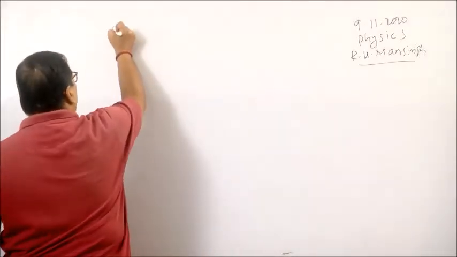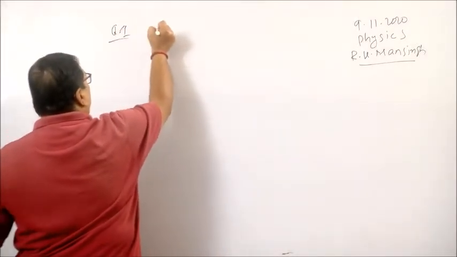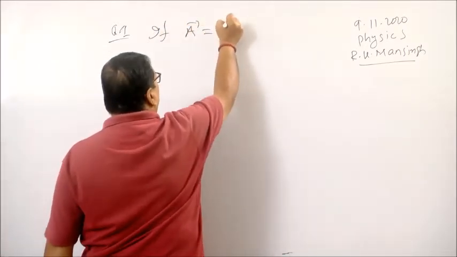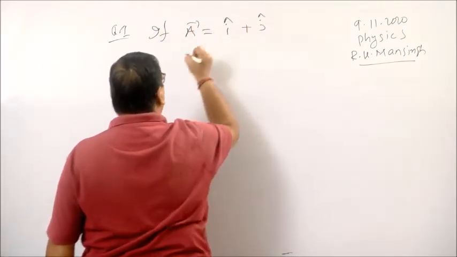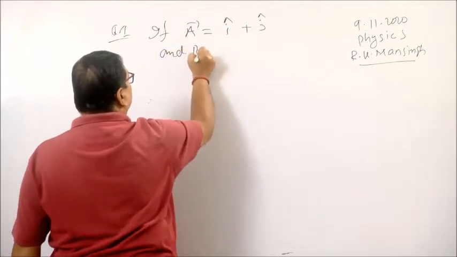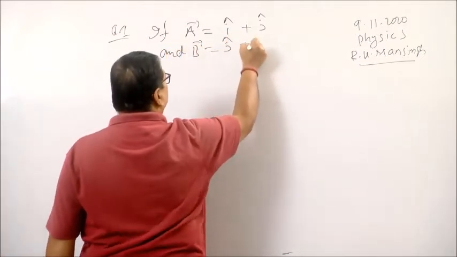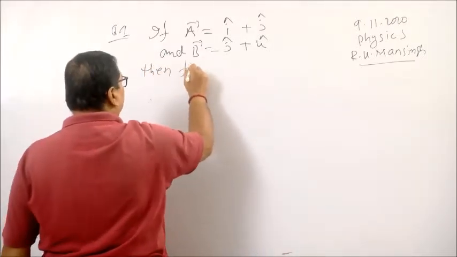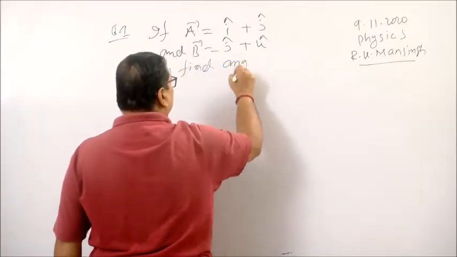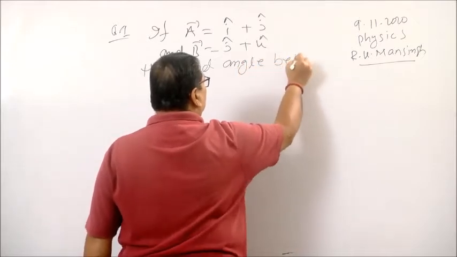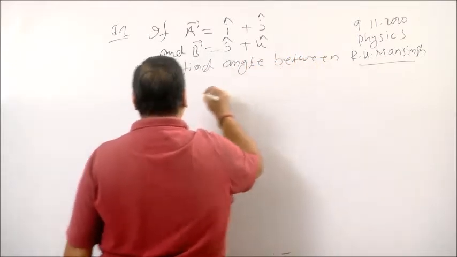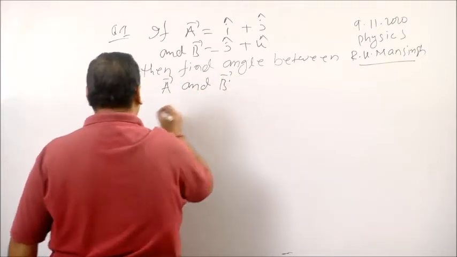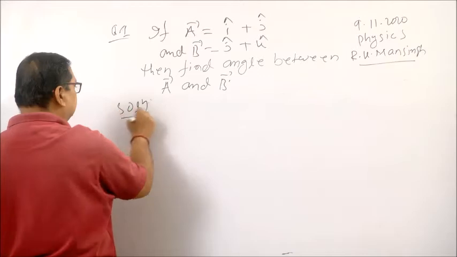Suppose vector A equals i cap plus j cap and vector B equals j cap plus k cap. Then find the angle between vector A and vector B. So, how will we solve it?